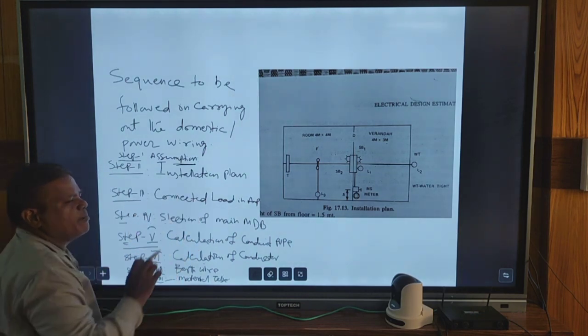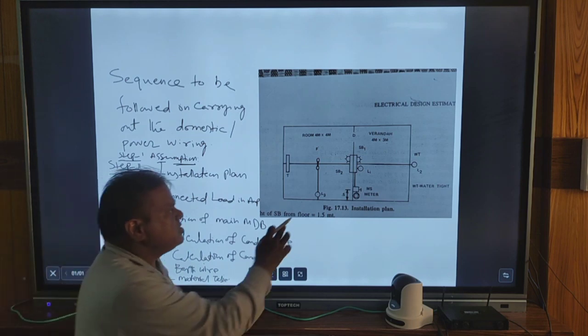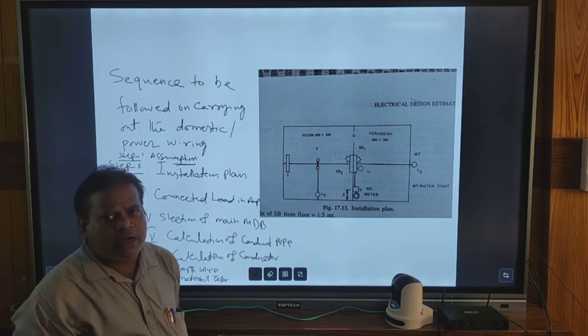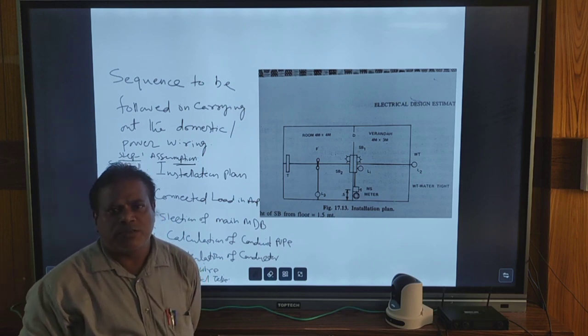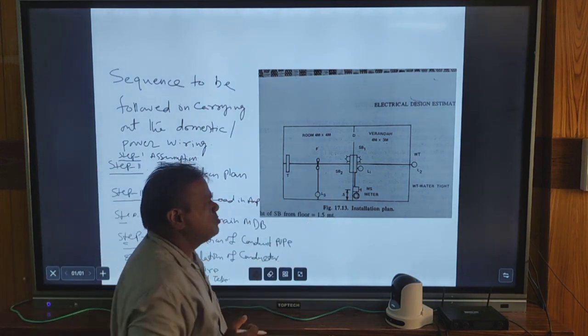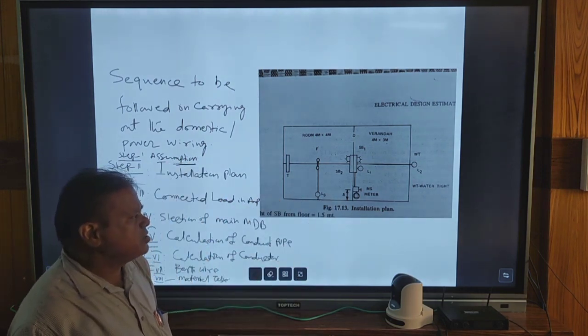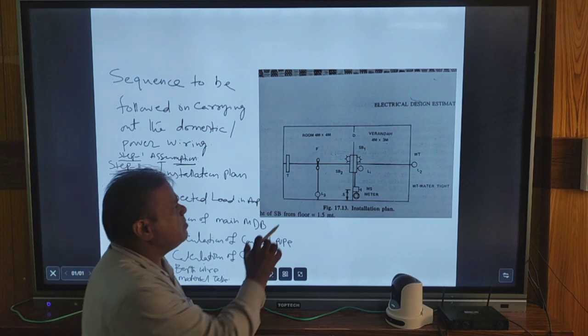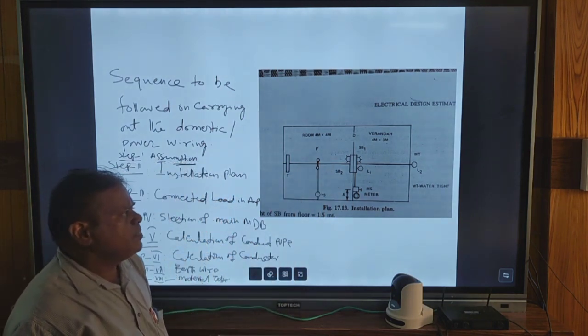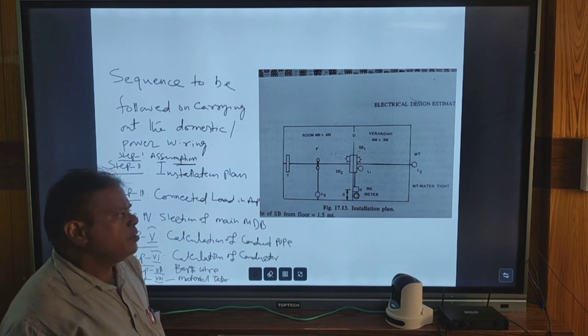the connected load in amperes. So from this installation plan we will calculate the connected load in amperes. Amperes depend on the supply voltage to be given to this connection circuit, and the total wattage connected load of the room.